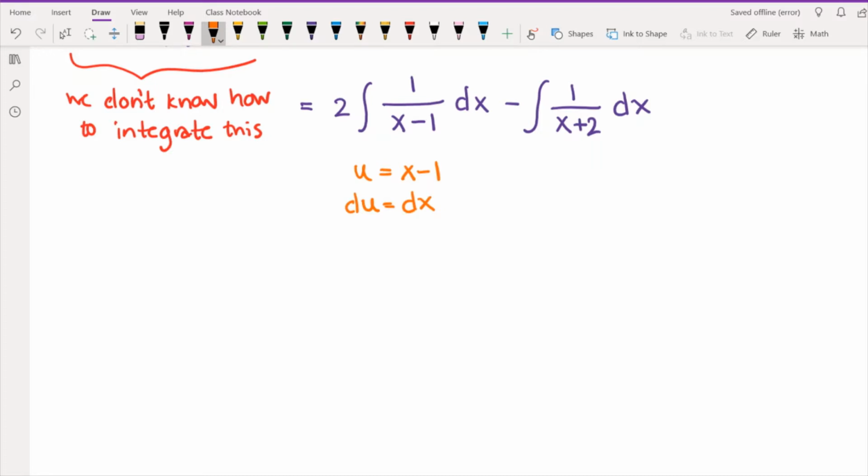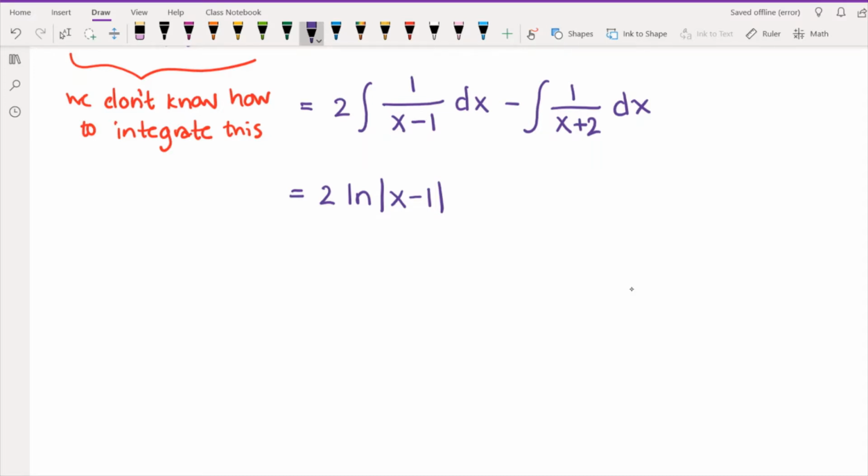You're welcome to do a u substitution, but I just want to point this out as one where, especially as we do more of these, you should be able to just recognize that, because it's 1/(x − 1), that's going to be ln of absolute value of x − 1. Typically, if you have ln of something that's not just x, you have to use the chain rule.